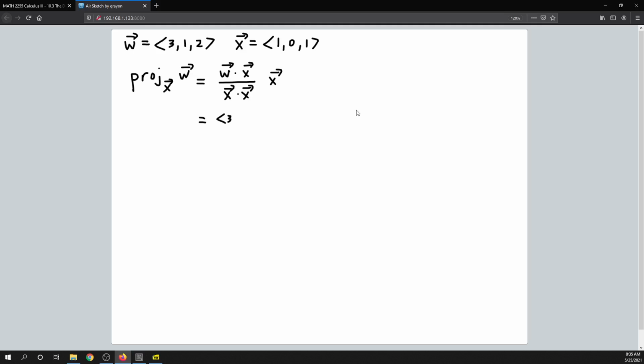All right, and then just run through that. So W is 3, 1, 2. Actually, I'm just going to do this off to the side. It's a little cleaner that way. So over here, we'll do W dot X. That's going to be 3, 1, 2 dotted with 1, 0, 1. So that's going to be 3 plus 0 plus 2.